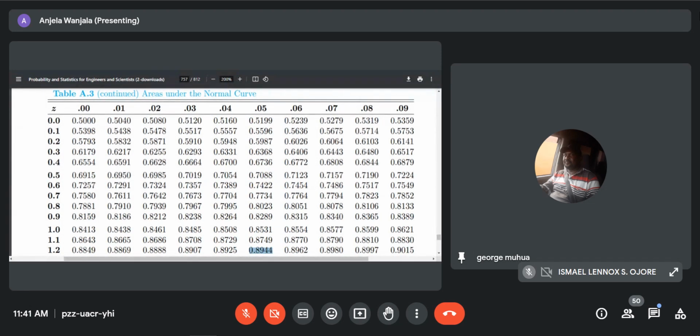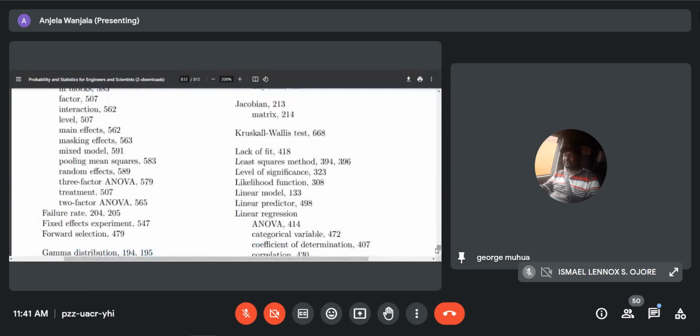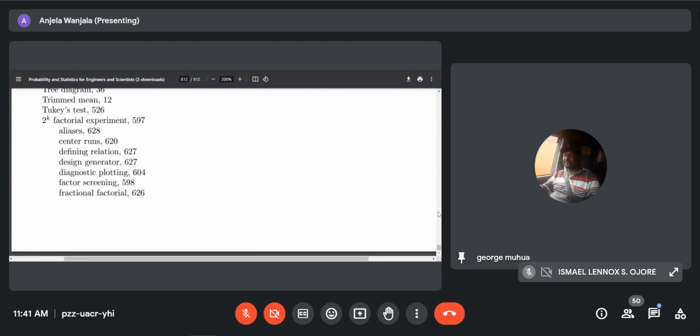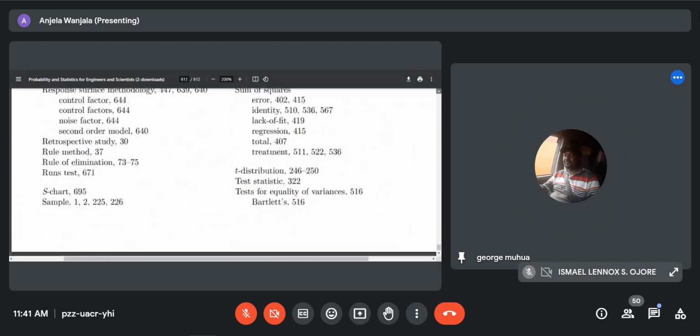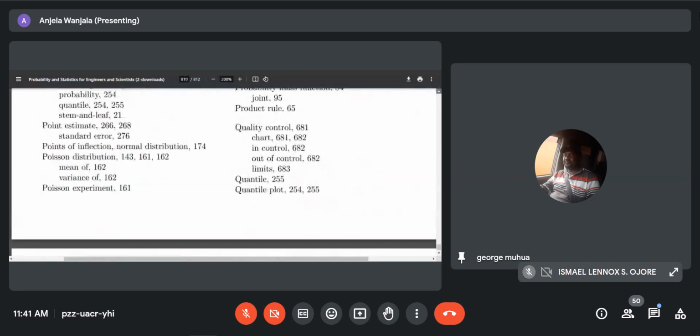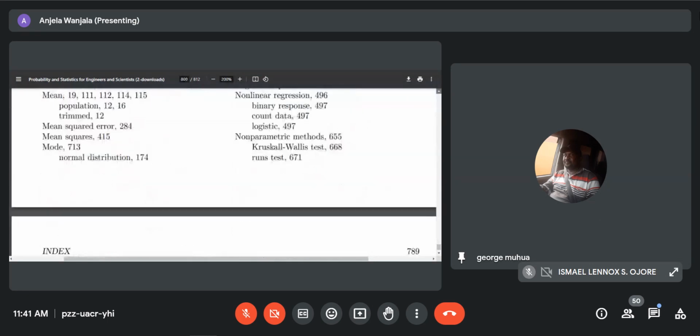When you look at this normal table, it goes up to the maximum value of, what is it? 0.999 something. That is almost 1. That is the maximum value of the probability.